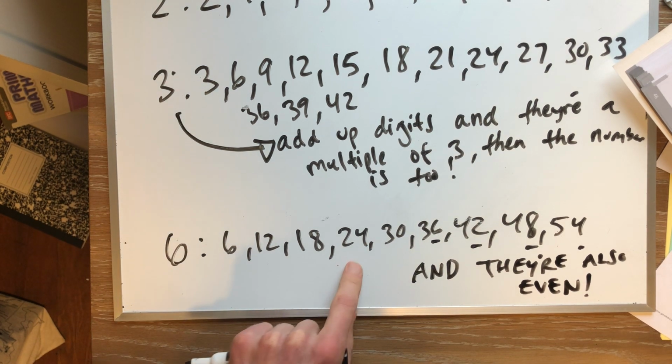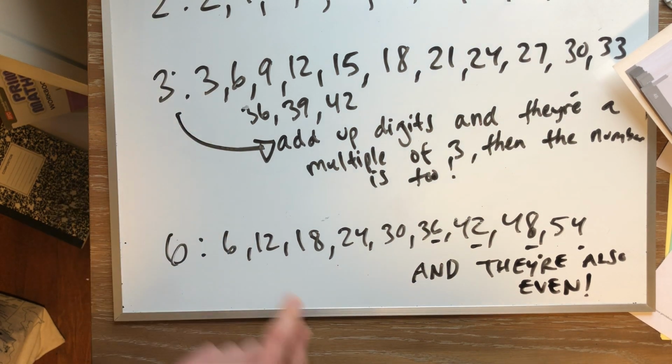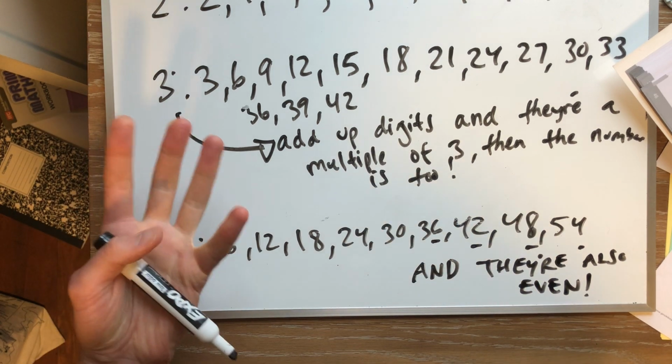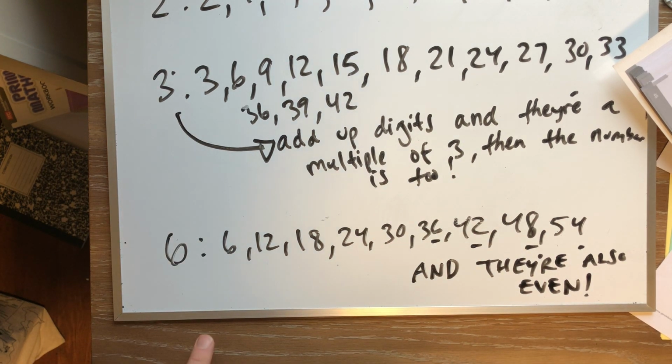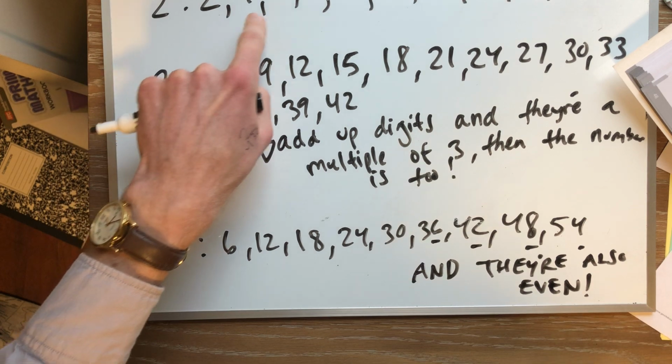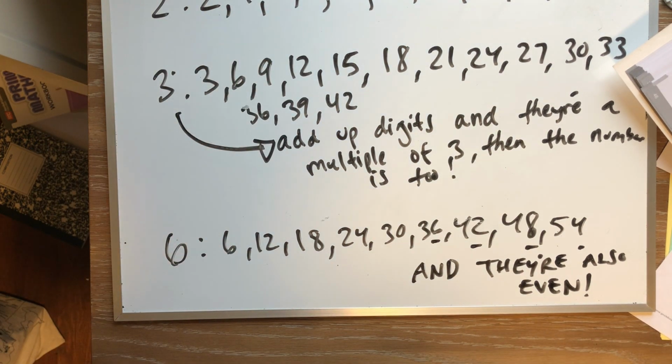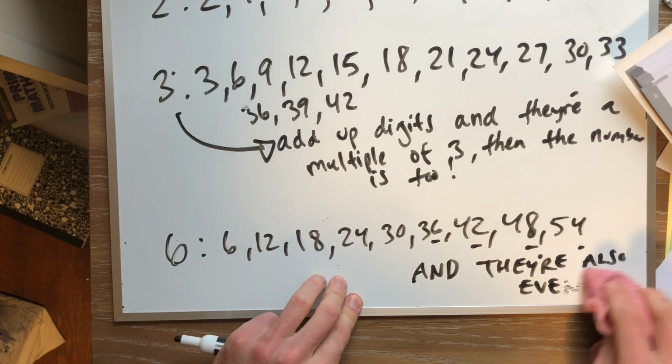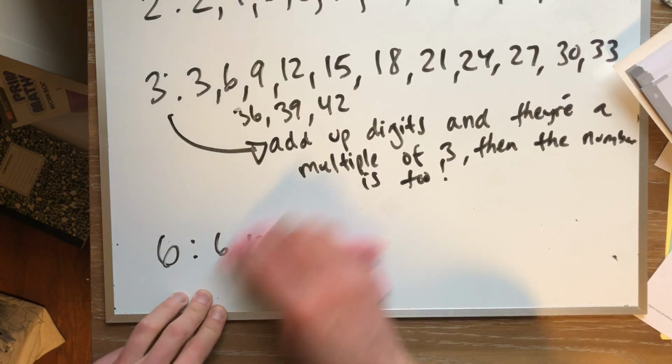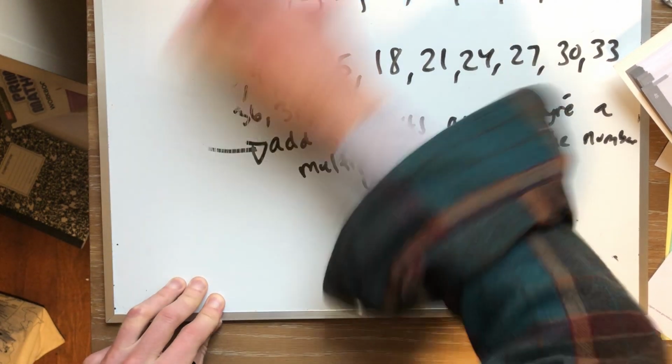So if you add up the digits and they equal a multiple of 3, you know 3 goes in it. And if it's even, you know 6 goes in it. And any number that's even, you know 2 goes in it. So those are some cool things to think about for 2, 3, and 6.